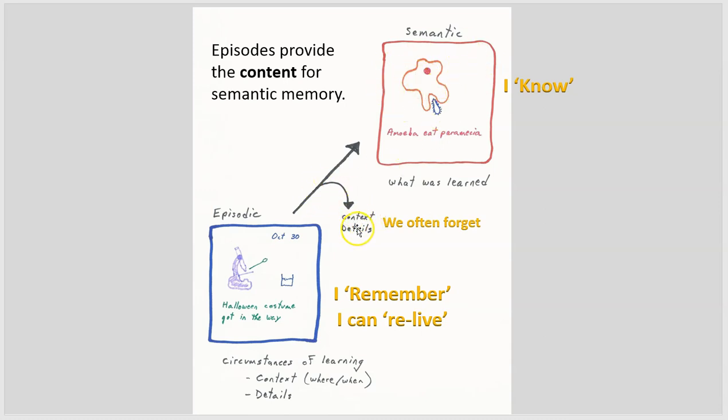Episodic memories provide the contents for what we eventually will store in semantic memory. And it seems that the brain is perfectly okay with forgetting the circumstances of learning, so long as we install some rich knowledge about our world.